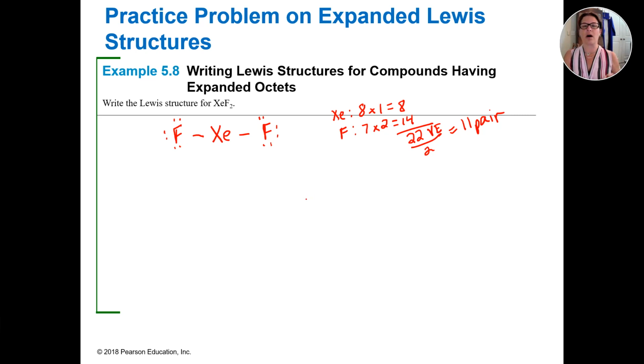All the rest go on the central atom. 9, 10, 11. Okay, so xenon has 2, 4, 6, 8, 10 electrons surrounding the central atom. This is an expanded octet. It is more than 8. Okay, this is going to stop part 2. Part 3 should be up shortly.